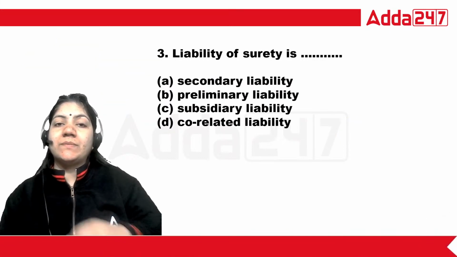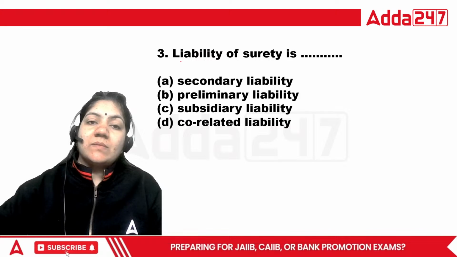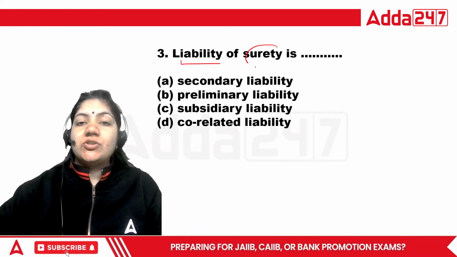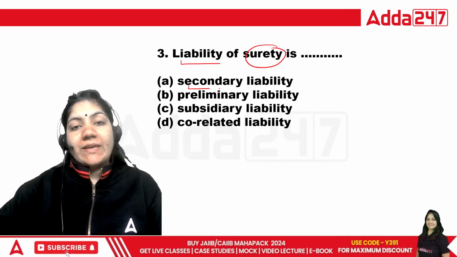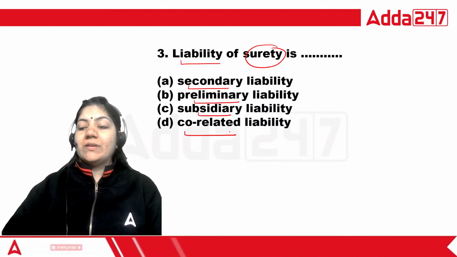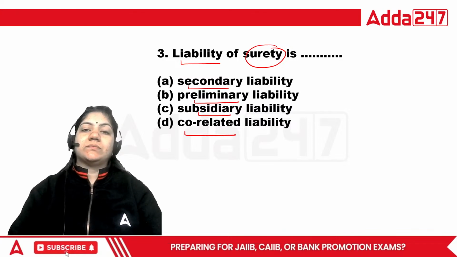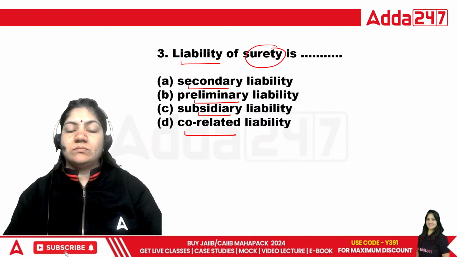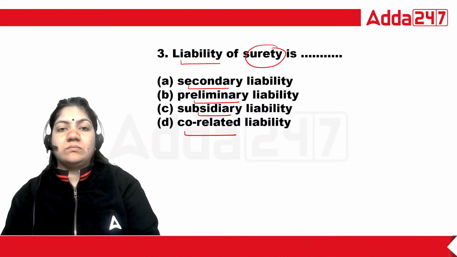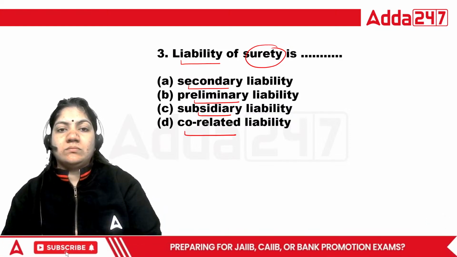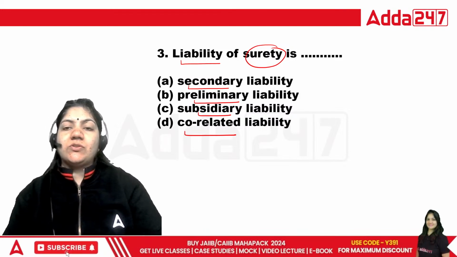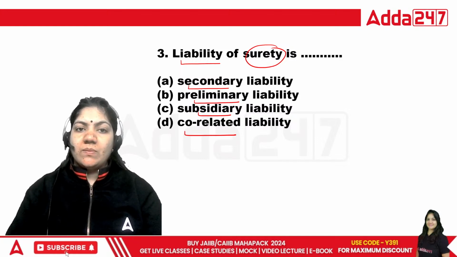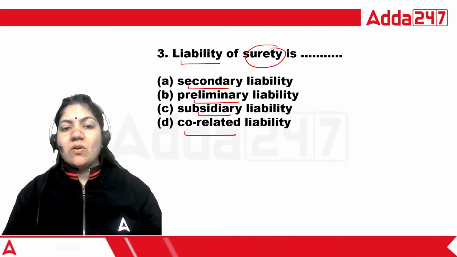Now, next. The liability of surety is secondary, primary, subsidiary, or correlated.